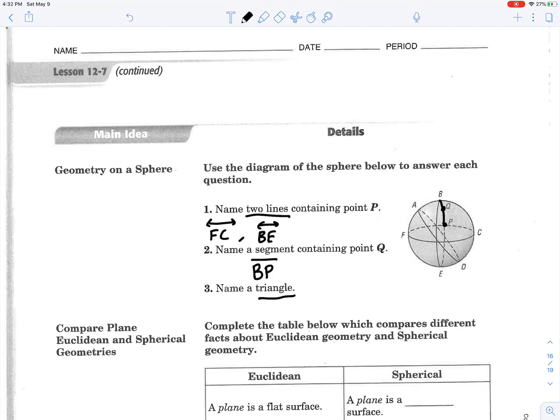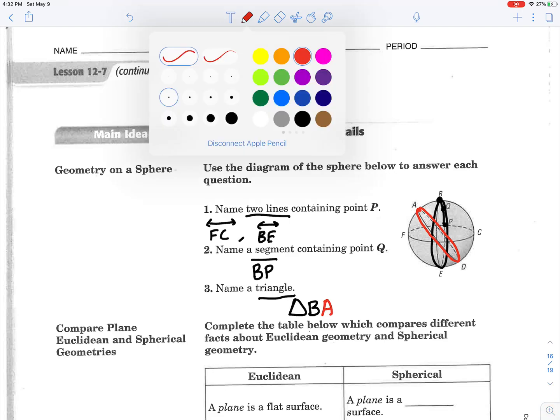Name a triangle. A triangle has to be made up of three different lines. If we're talking about lines in terms of circles, we're looking for things that are on three different circles. What if I start with B? That's on this circle here. What if I picked A? A would be on a different circle.